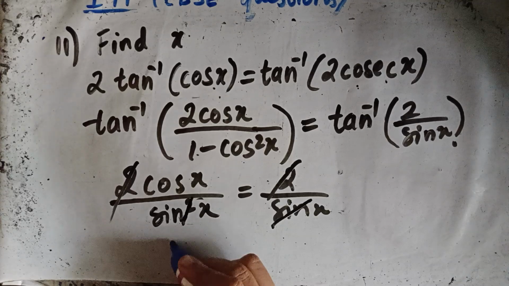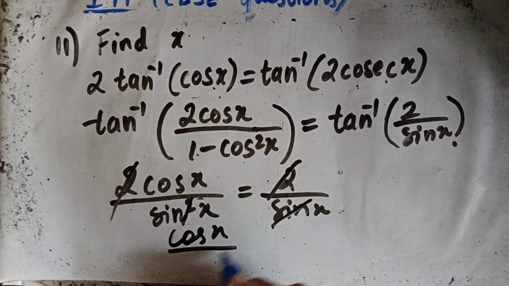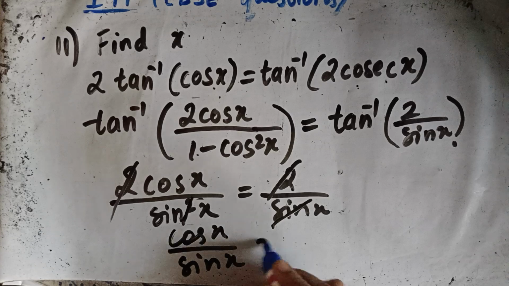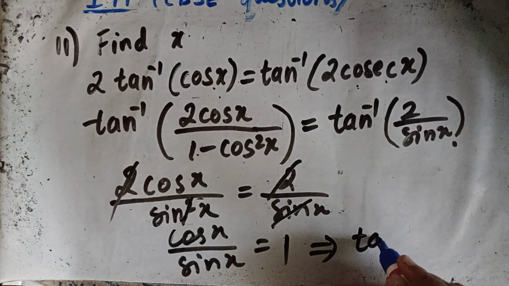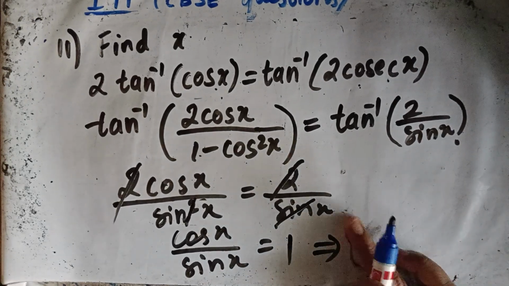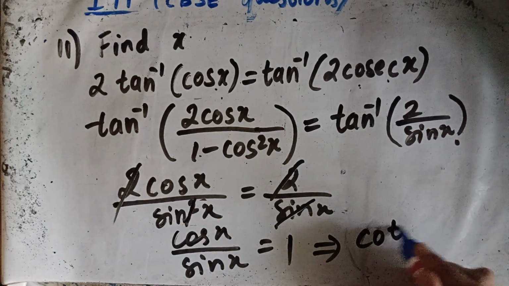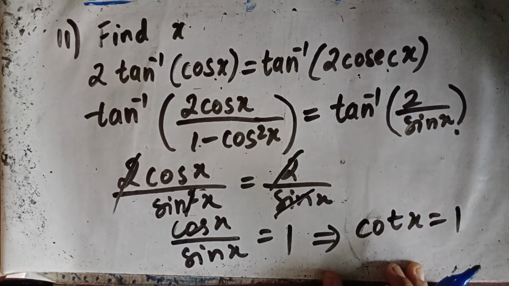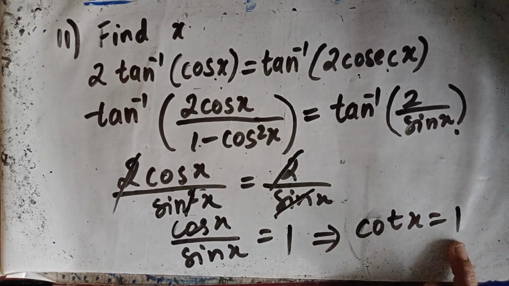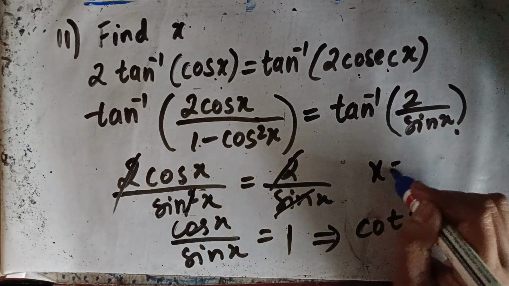You will get cos of x upon sine of x equal to 1. So this is nothing but cot of x equal to 1. So the value of x, where cot of x is equal to 1, is nothing but pi by 4.